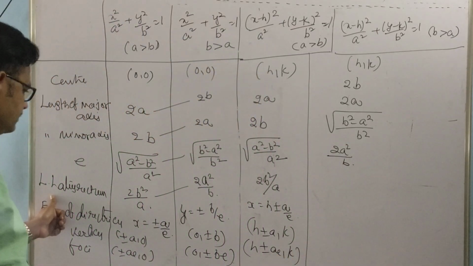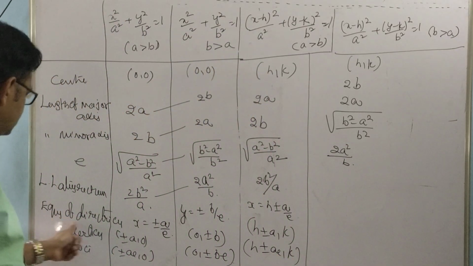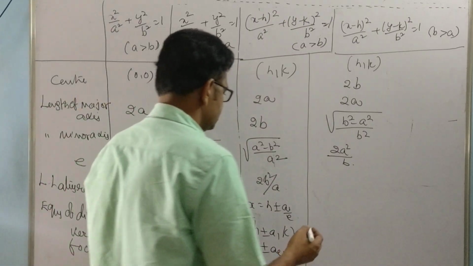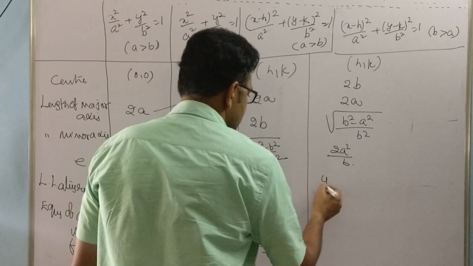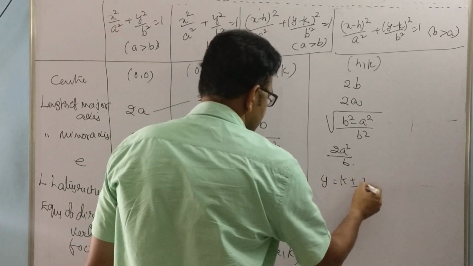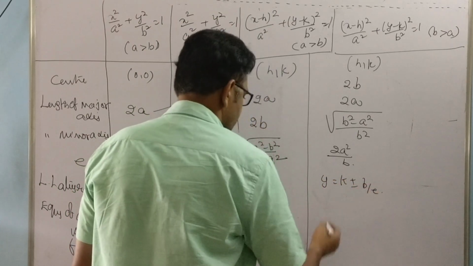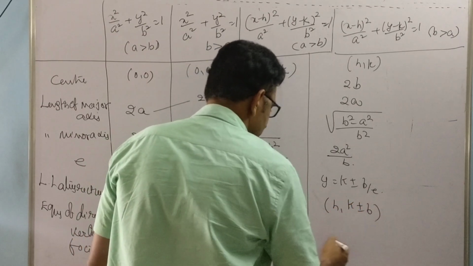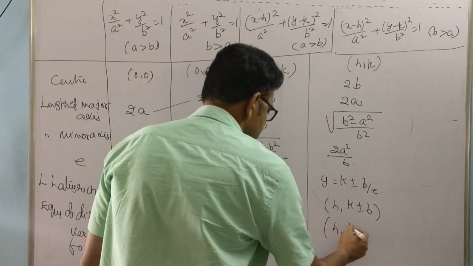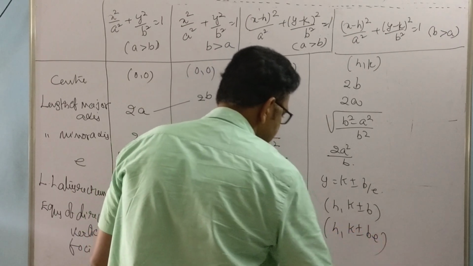Equation of directrices: y is equal to k plus or minus b by e. Vertices (h, k plus or minus b), foci (h, k plus or minus be).